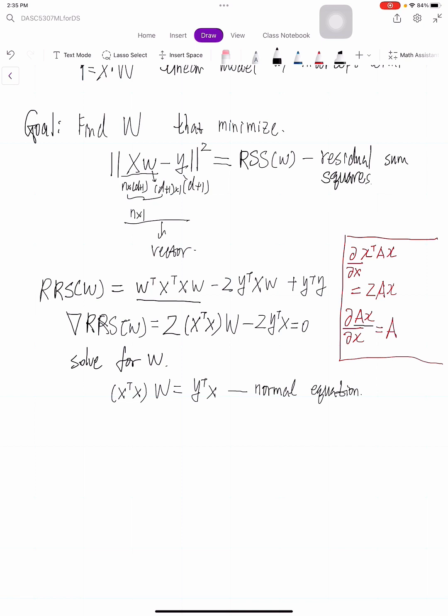So in general, if X transpose X is invertible, then we can find the solution for the W. It's just X transpose X, take the inverse, and Y transpose X. So that's the solution for the linear regression.